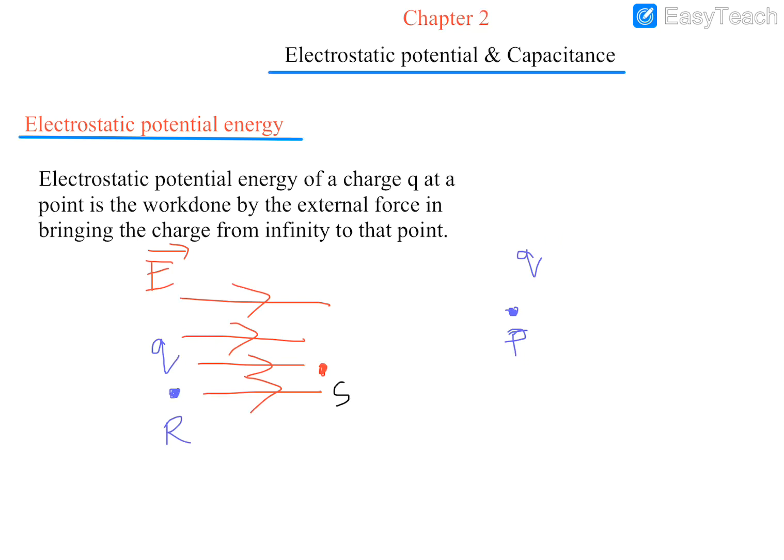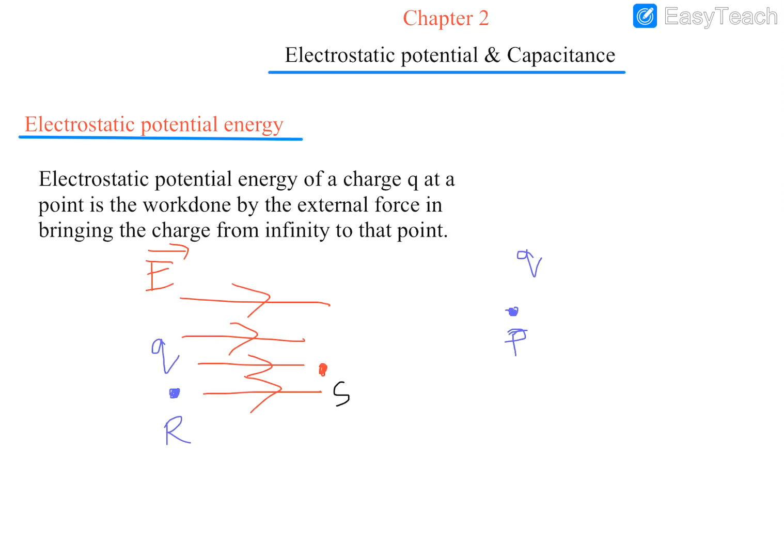They are like charges, so there will be a repulsive force. Hence it is not easy to take this charge from here and place it at S, where it will get a repulsive force.